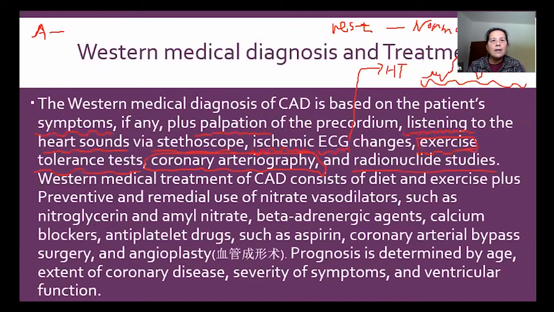So that's the diagnosis. Symptoms come first, and then we use different ways of checking.